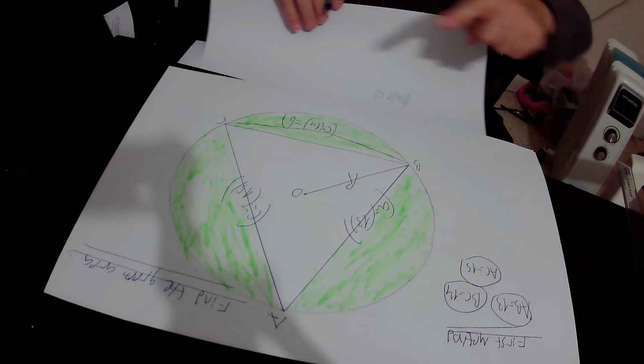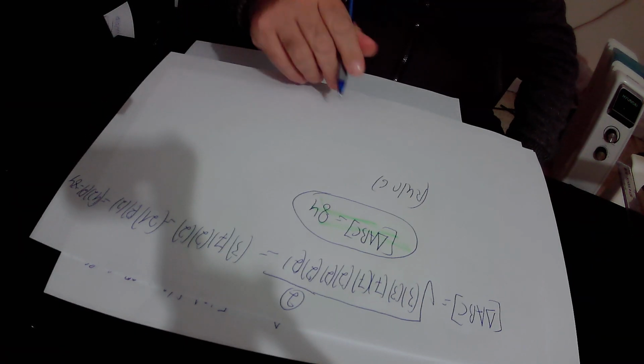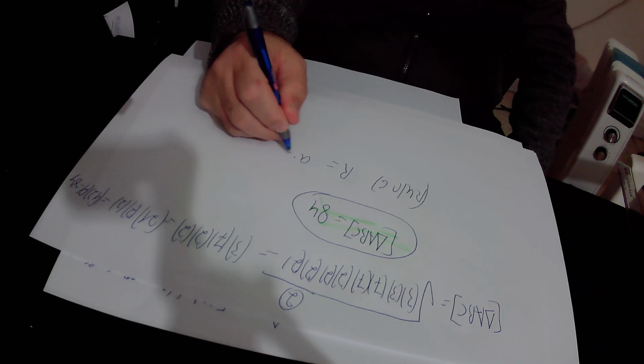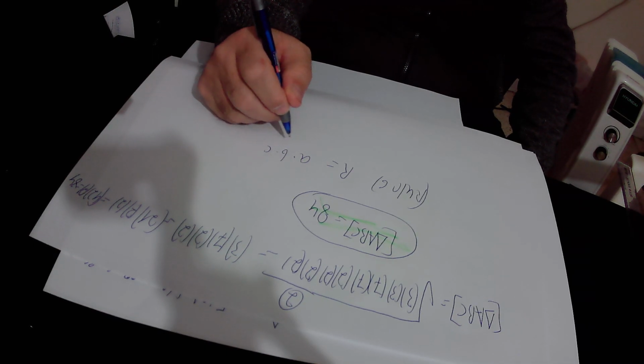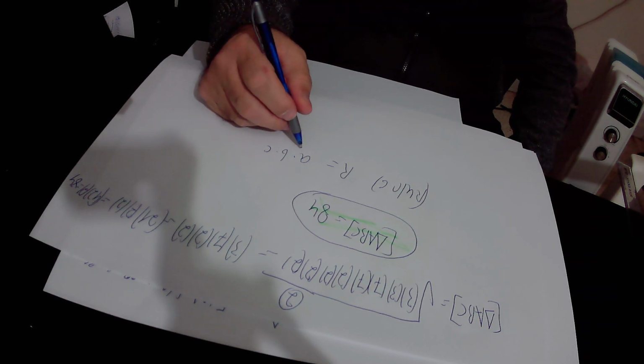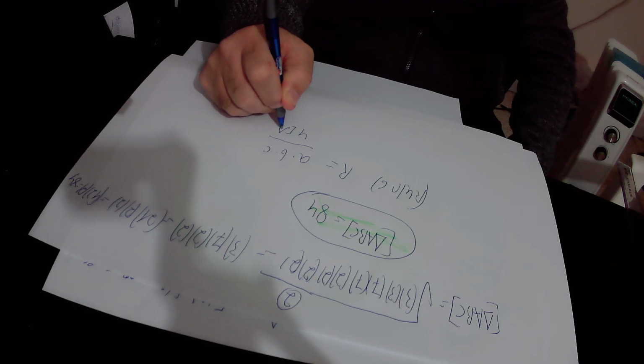So the radius R of this circle, according to the new rule number 6, will be equal to A times B times C. That is the multiplication of the side lengths of triangle ABC by each other over 4 times the area of triangle ABC.